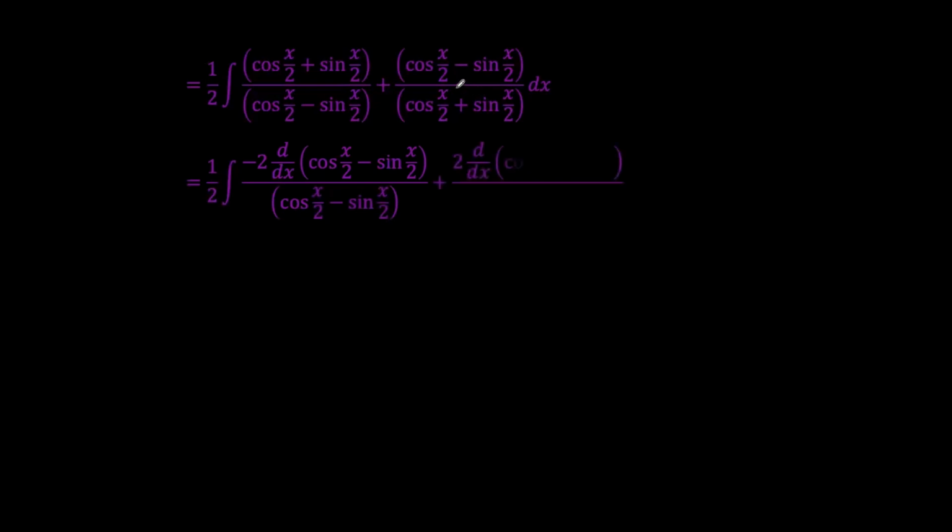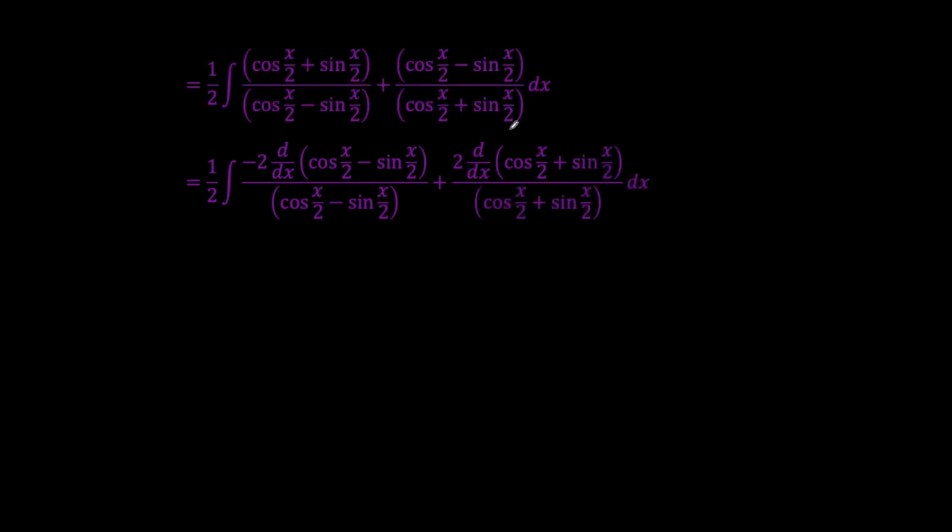And then here, as you can see, the numerator is the same as just twice the derivative of the denominator, right? Because this negative sine x over 2 comes from differentiating this cosine x over 2, then multiply by 2. And then when you differentiate sine x over 2, since the sign doesn't change, it just becomes cosine x over 2, but obviously multiplied by 2.